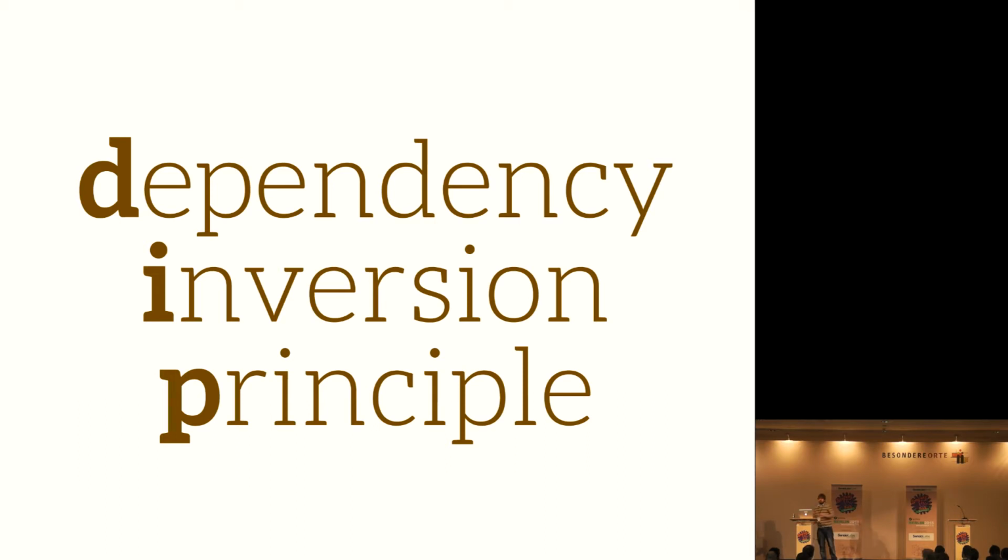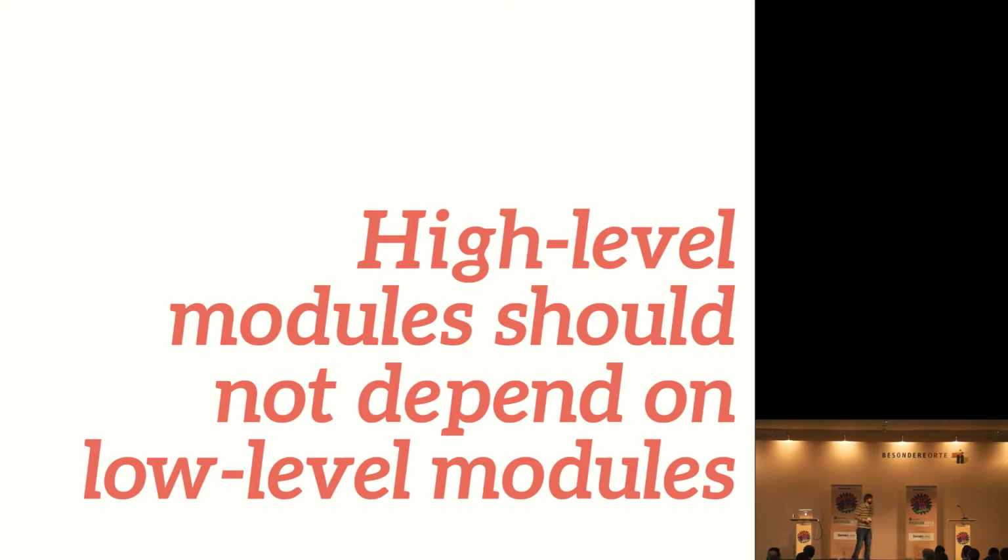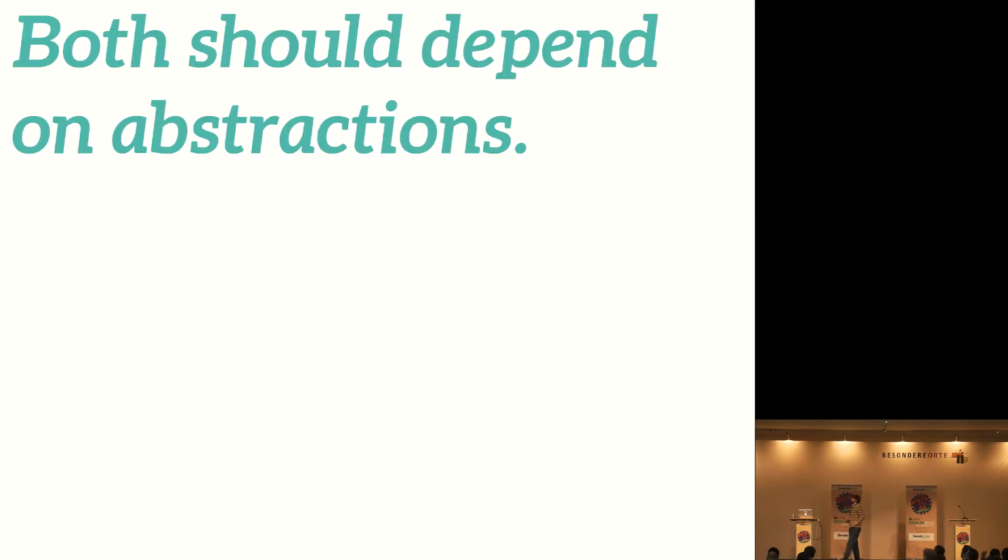Then there's the dependency inversion principle, where we make sure that high-level modules, not just classes but whole components of our applications, and low-level ones are both dependent on abstractions. This is not just about using dependency injection, but about making sure that we're not coupling everything together tightly.